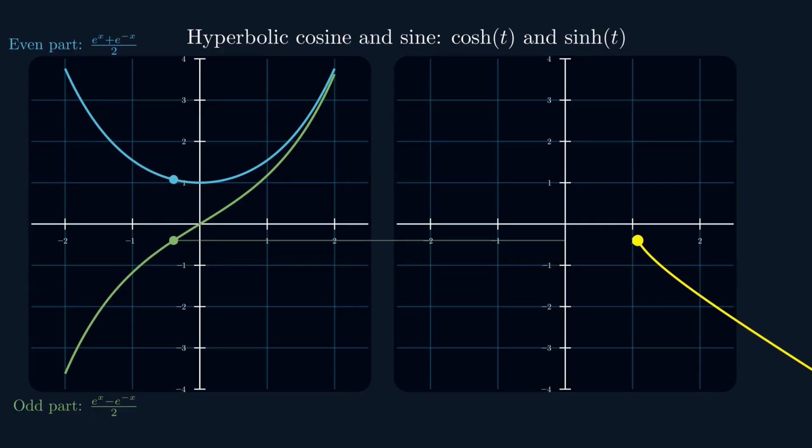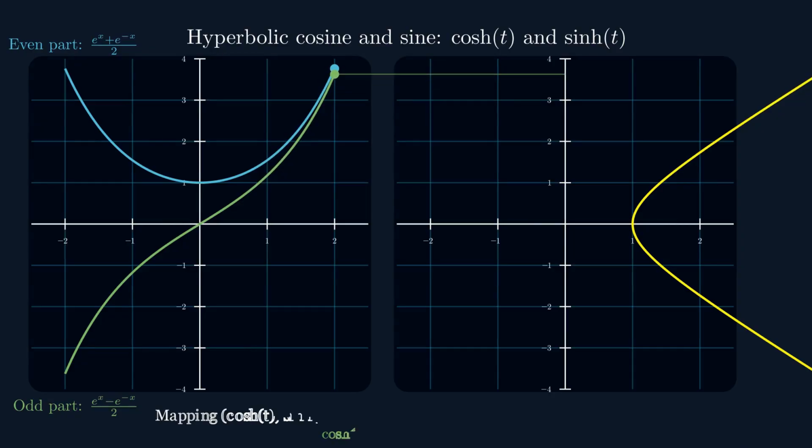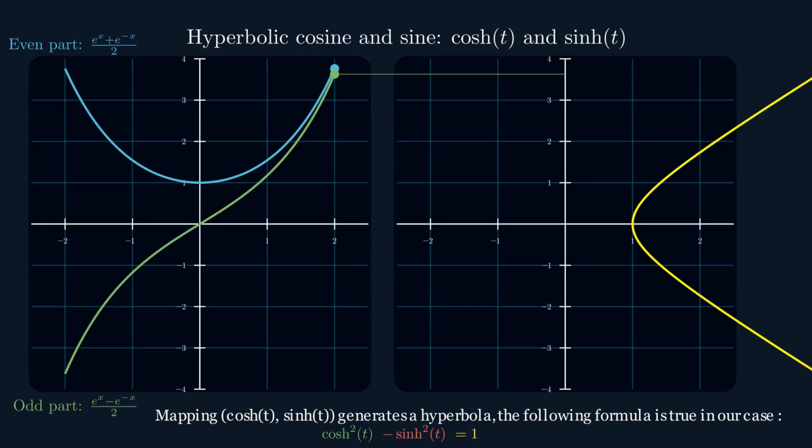As we represent all points, the emerging curve is a hyperbola. This is exactly the key. For each point given by the coordinates x and y, x represents the hyperbolic cosine and y the hyperbolic sine. The relationship between x and y is given by x squared minus y squared equals 1. This is true for every point independently of t.